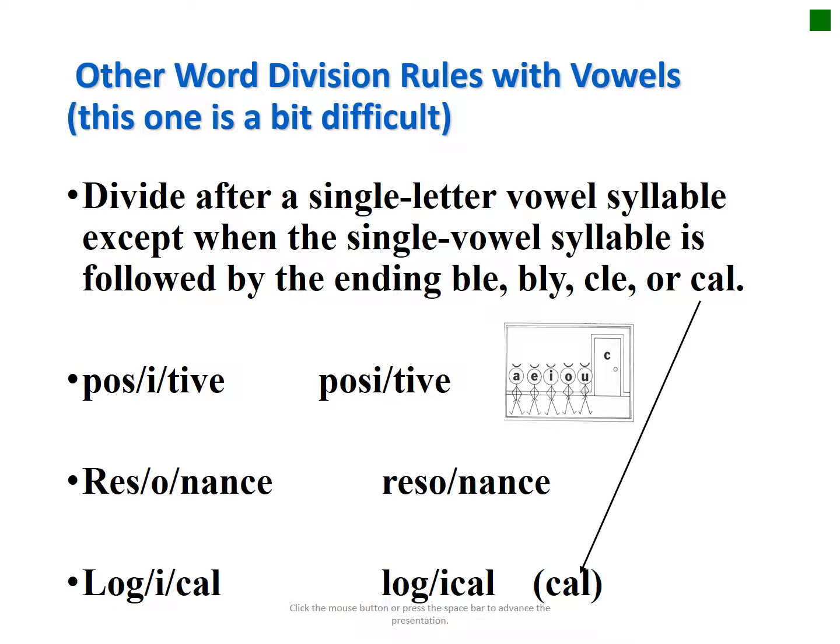For example, positive. All right, tiv is not one of those four, so you would divide after the I. Positive. Resonance. So you would divide after the O. But look at the last one. Logical. There you see one of those four endings. So whenever you have one of those four endings, you divide before the single letter vowel.